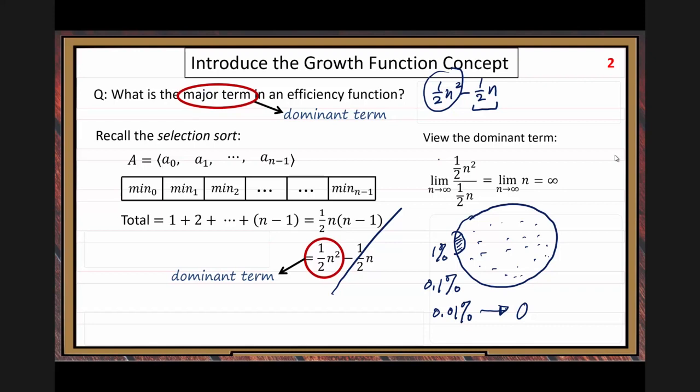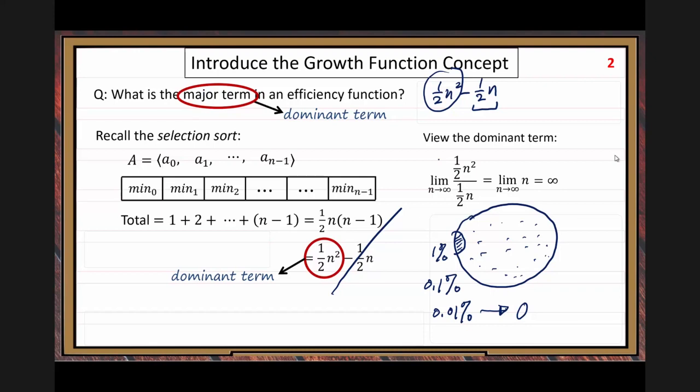Here we do the ratio. The ratio tells us the percentage of the portion it takes in the overall response time, execution time. So you can treat the total time as 100%.